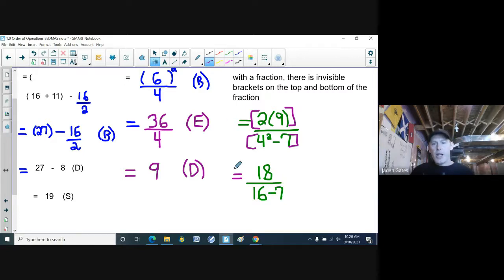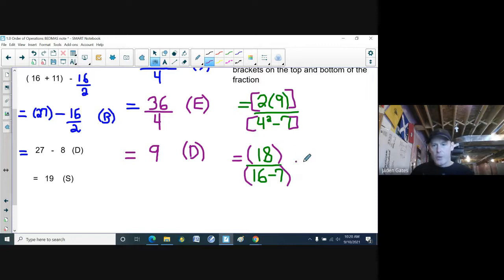But again, as I mentioned, with a fraction there's secret brackets on the top, secret brackets on the bottom. So I still can't do anything yet with that fraction. All right, and so I've got 18 on the top. I've got 16 minus 7, which is 9.